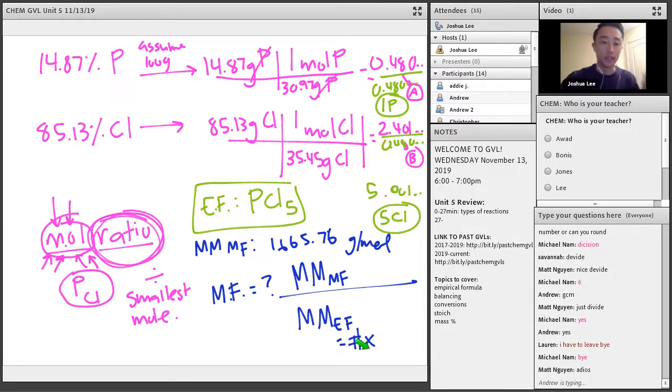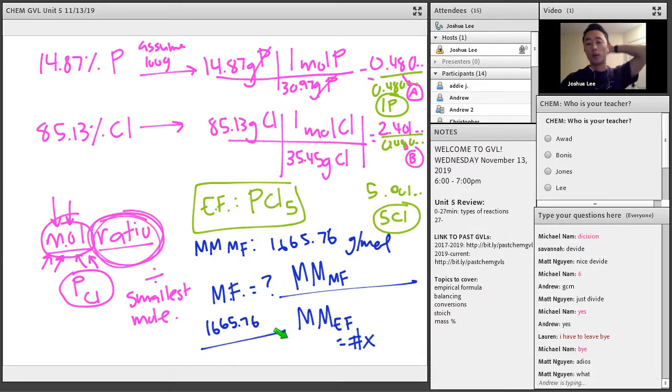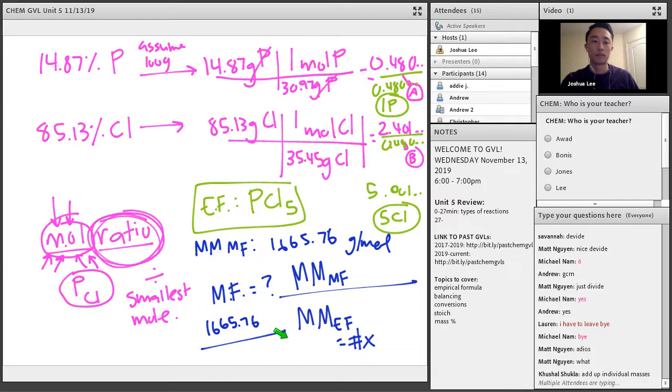So in this case, it's 1665.76. How would I find the molar mass of the empirical formula? Yeah, you add up all the individual masses of your empirical formula.